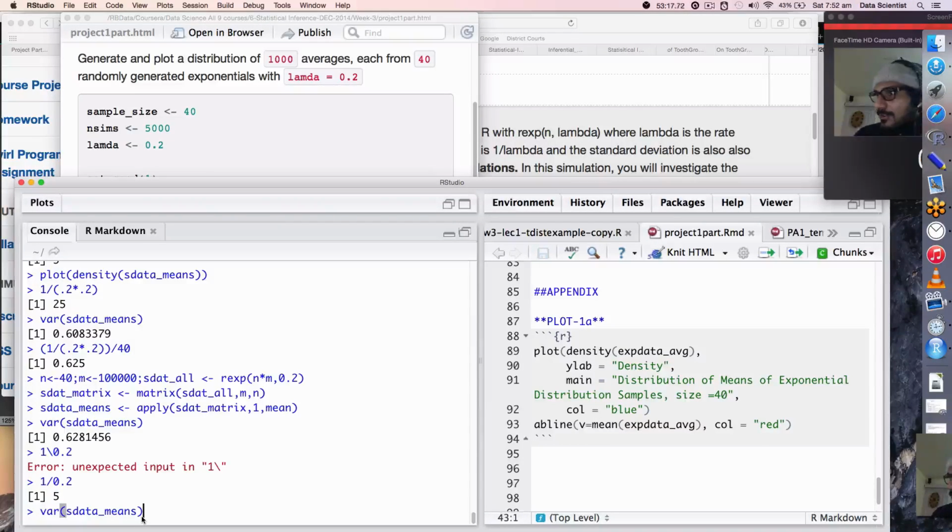I'm saying plot as data means. Not as data means straight away, I need to do the density. A density plot of this.